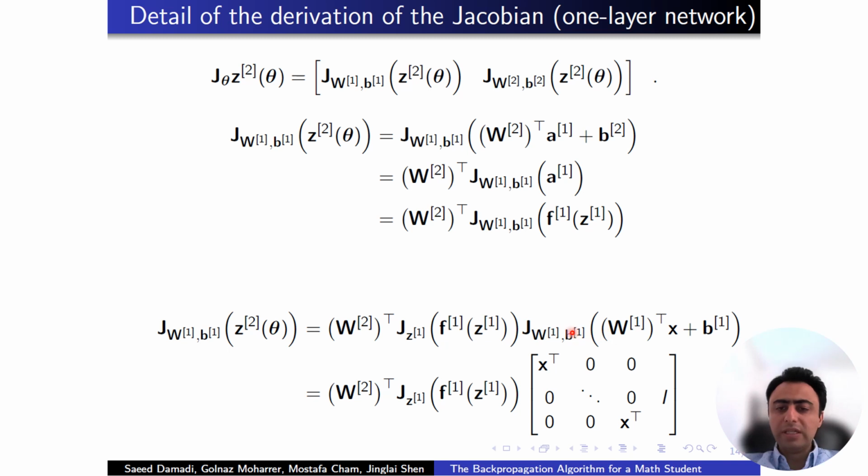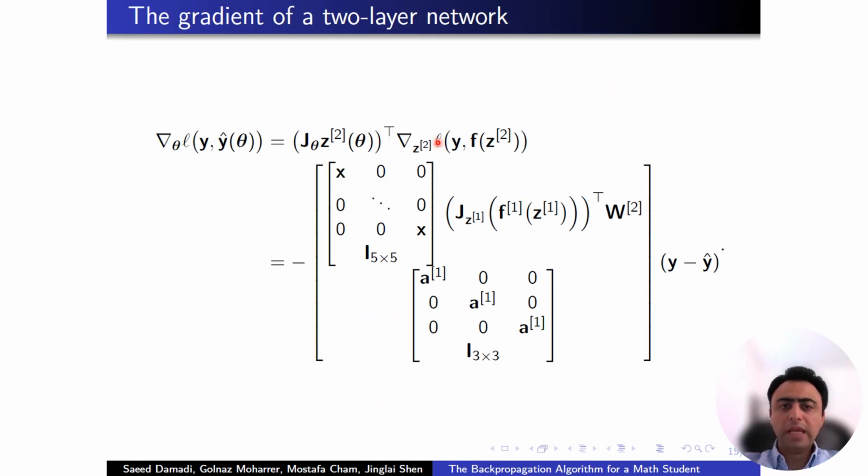This formula is very familiar to us, and you recall that this is going to be this matrix, and then we only have this Jacobian. When F1 is a ReLU function, this Jacobian becomes a diagonal matrix, and on that diagonal we get many zero elements, for the outputs whose values are less than or equal to 0. Now we have everything.